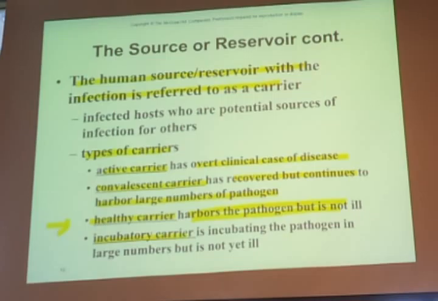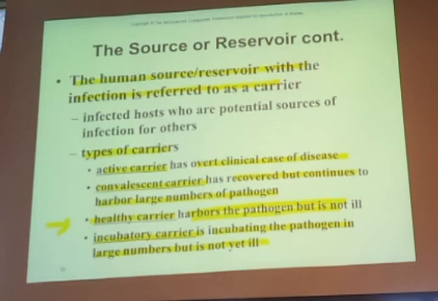And an incubatory carrier is in that beginning time. They're incubating the pathogen in large numbers, but they haven't shown those particular signs. That's the one you probably think of most when you think about somebody having, say, chicken pox. All of a sudden they come down with the actual chicken pox, they have the skin lesions, and then you think, oh, for the few days before that, they were contagious, they just didn't know it.